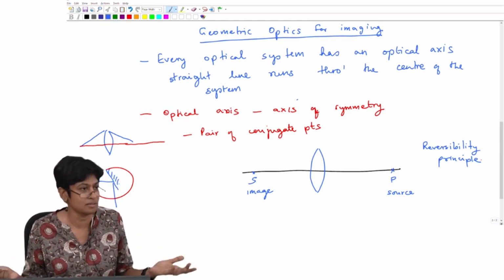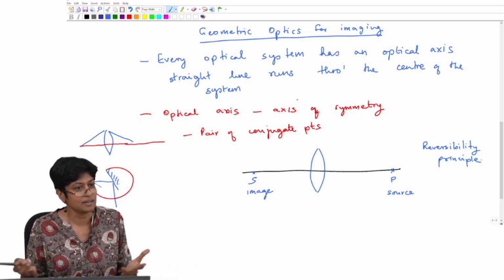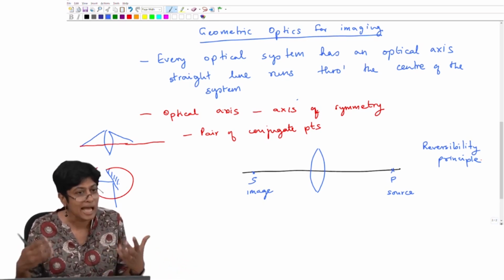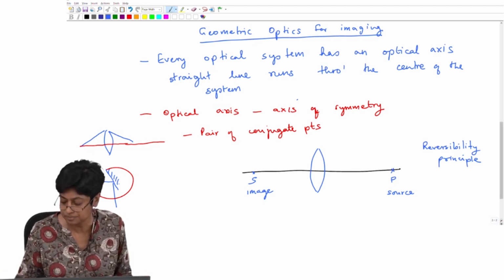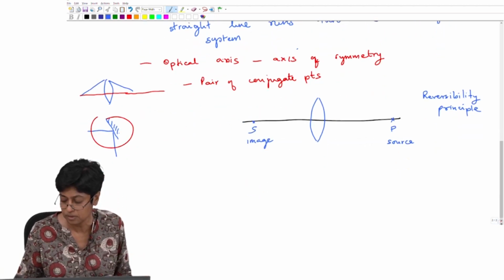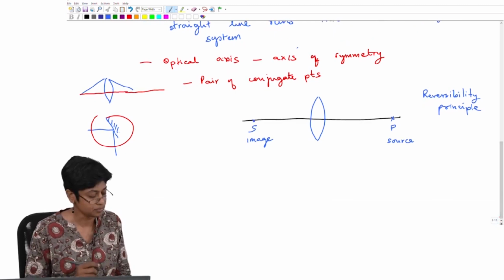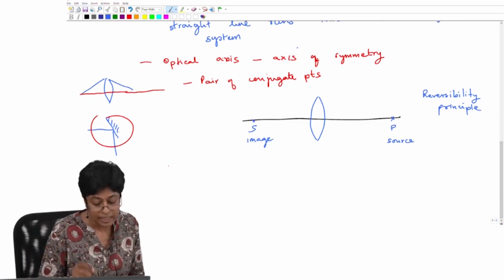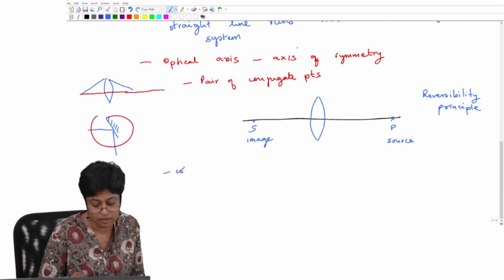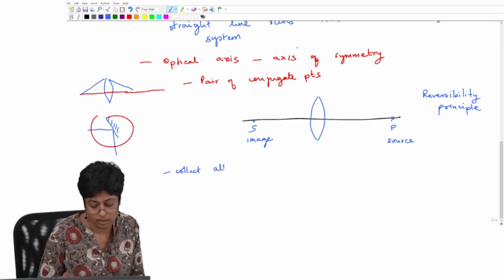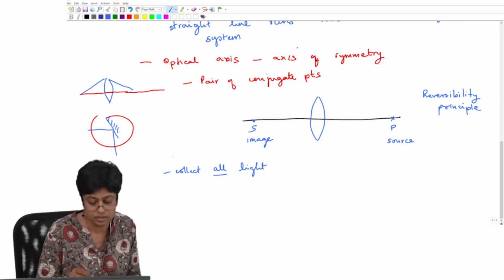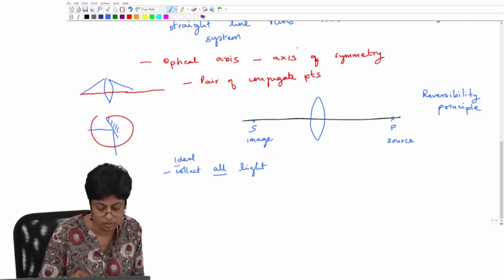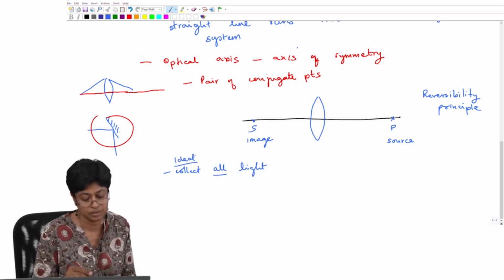Okay. Now, what is the goal of any optical imaging system? You want to collect light and create an image, and you want to create as best quality an image as possible. That's your goal. Ideally, I want to collect all light. Okay, so this is the ideal goal.